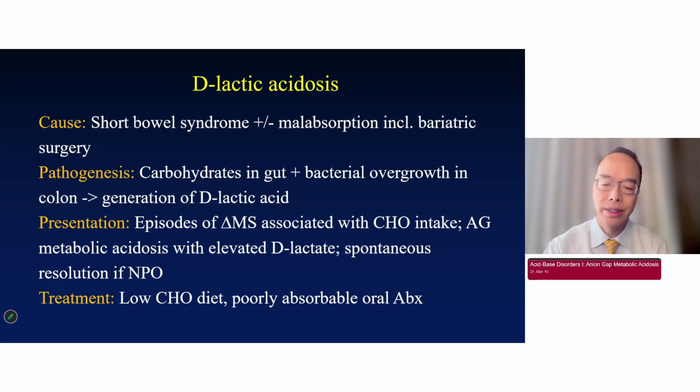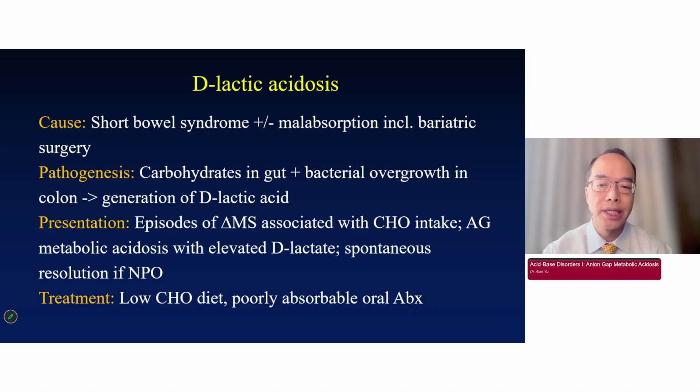A rare disorder causing an anion gap acidosis, but one that is difficult to diagnose unless you suspect it, is D-lactic acidosis. Nowadays, a common cause of this is from patients who've had prior bariatric surgery, specifically gastric bypass.